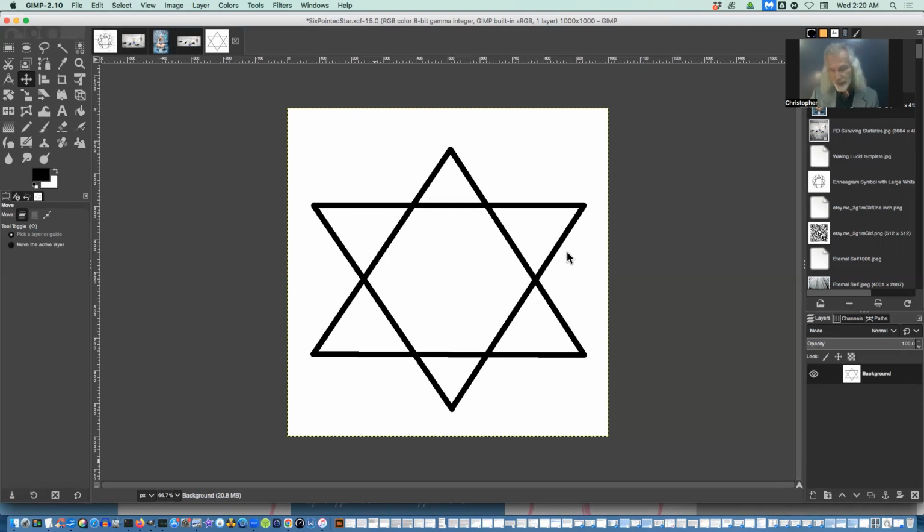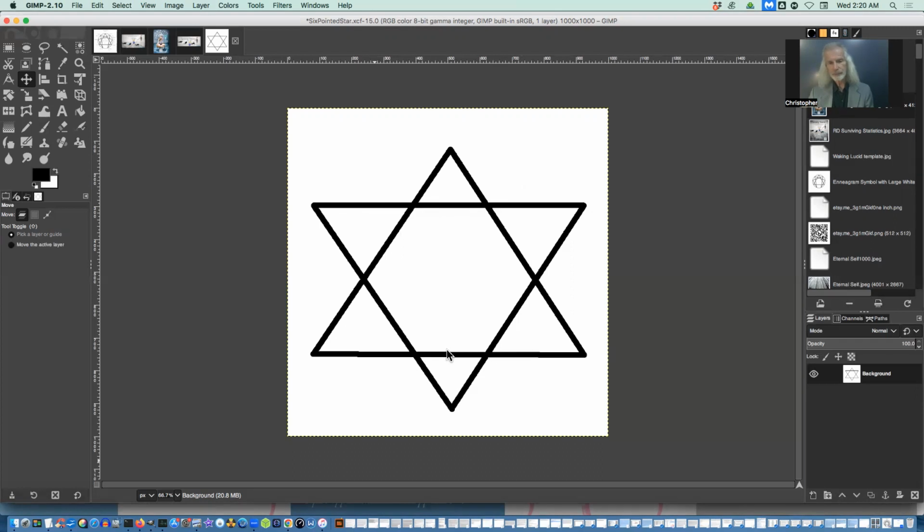So we're going to be using this as a meditation object, and we're going to be moving around the sides of the triangle. What I mean by that is, if we start at the base of this upward facing triangle, we go, by the way, this triangle symbolizes involution, in other words, spirit coming into matter, and then this triangle, the one with the point facing up, symbolizes evolution, in other words, matter moving into spirit.